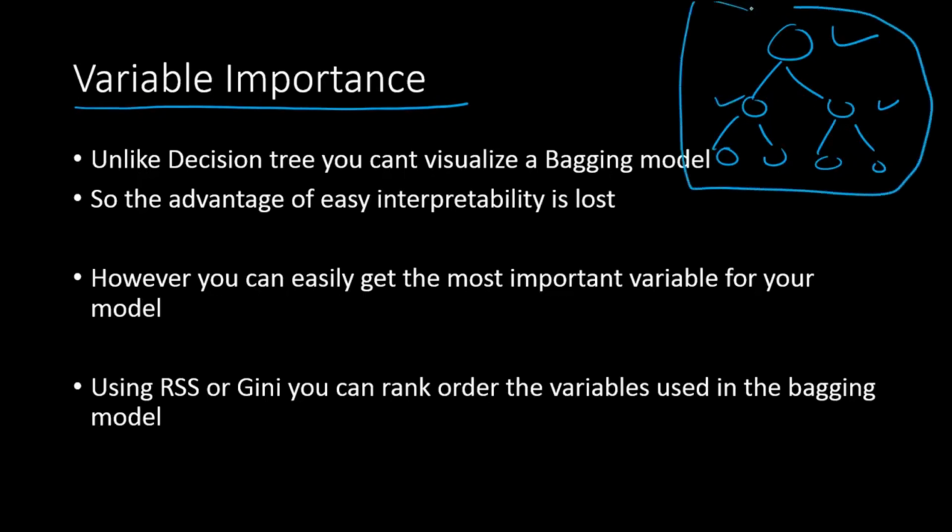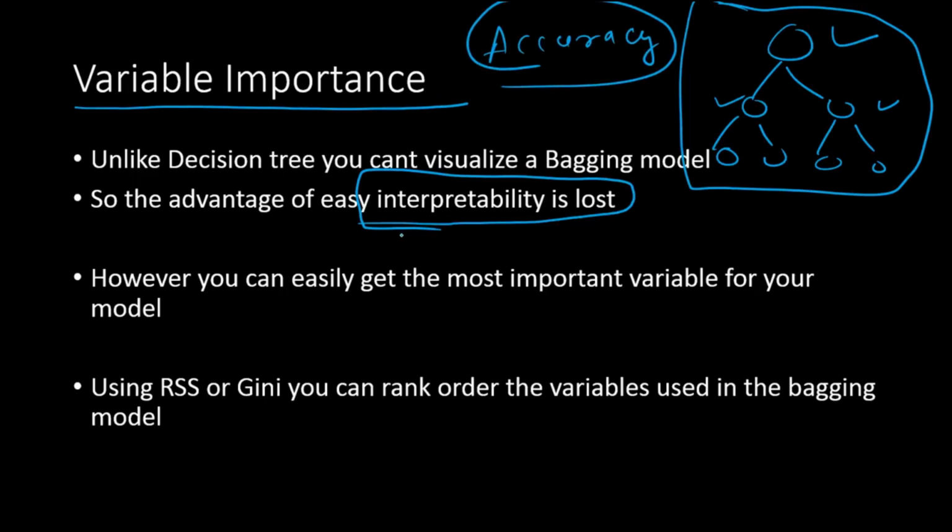You cannot have this tree in place because you are using multiple decision trees. You cannot visualize it the way I have visualized this simple decision tree. So the advantage of the decision tree is now lost. We have compromised on interpretability to get better accuracy. Now there is a trade-off between accuracy and interpretability. There is no tree as such now, but we have increased accuracy. That's our motivation, right?